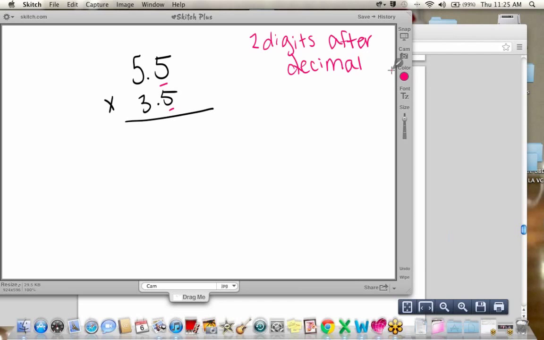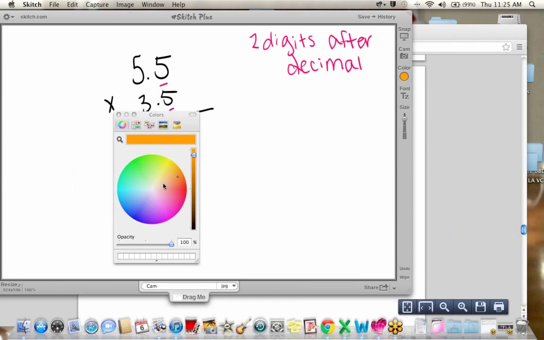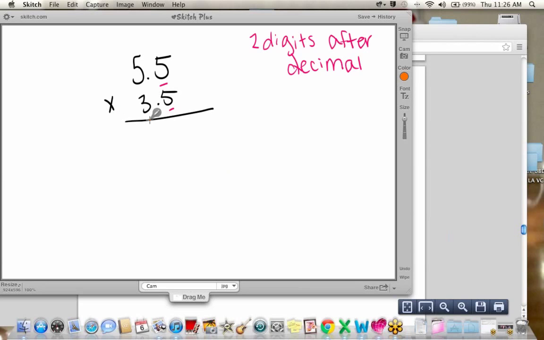Okay, Jaden, do you have something you want to tell us? I just wanted to walk you through. Okay, that sounds great. What's my first step, Jaden? First you multiply 5 times 5. That's 25. Put the 5 right there. Carry the 2. 5 times 5 is 25 again, plus 2 is 27.